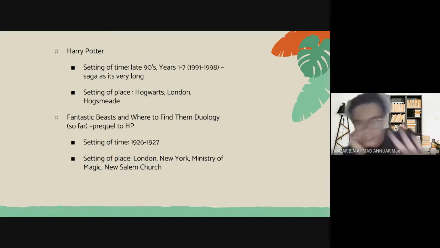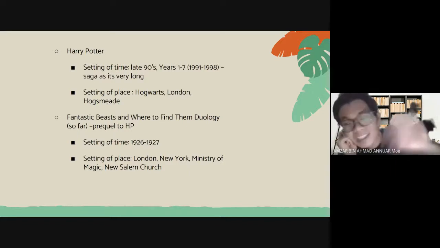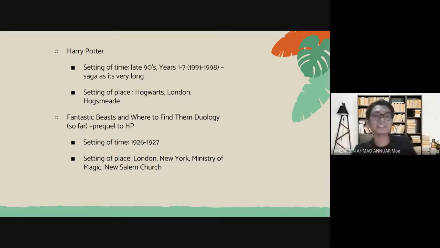Kalau 3 kita sebut dia trilogy. Okay. The setting of time, it happened between 1926 to 1927. Now, even though it comes out after Harry Potter, it is a prequel because it talks about events that happen precedent to Harry Potter. Benda yang berlaku ni, dia berlaku sebelum Harry Potter berlaku.